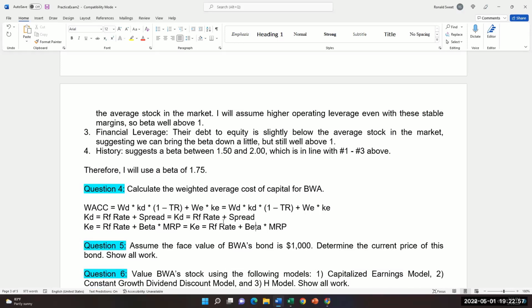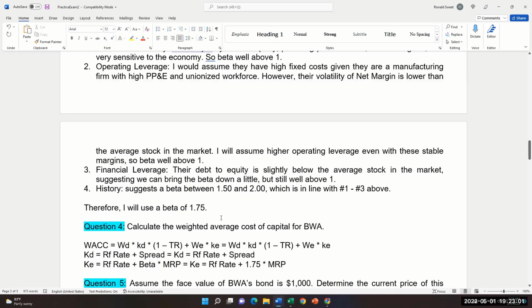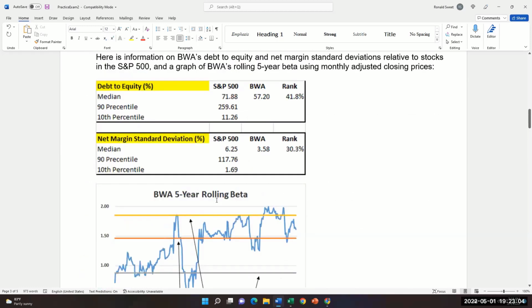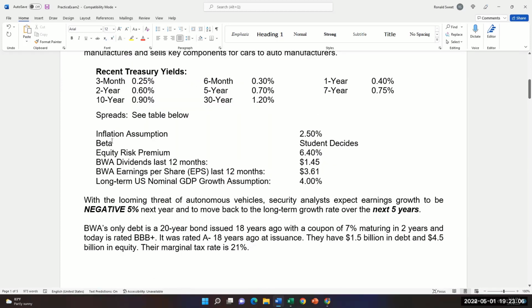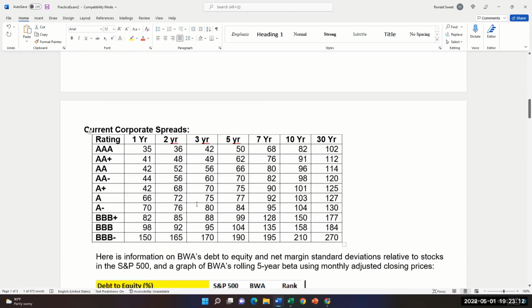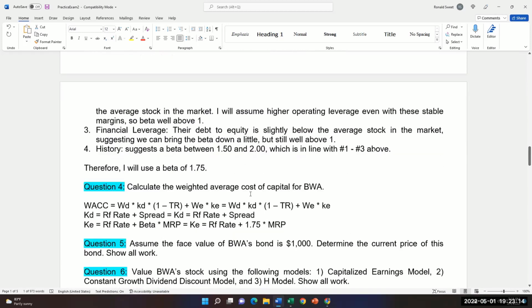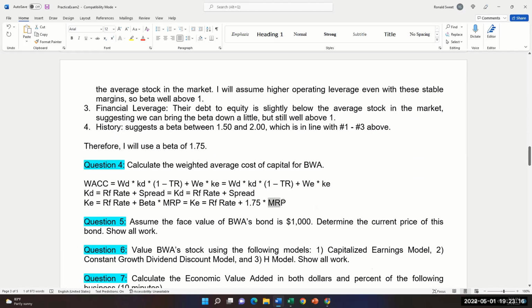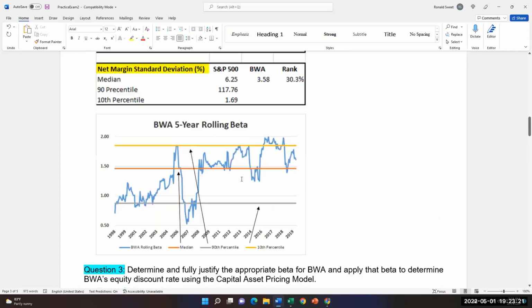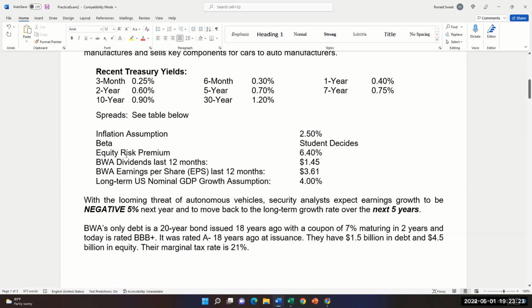So I've got my beta of 1.75. Let's go fill in the other pieces. Equity risk premium 6.4. Wow, I don't know why I'm using that. That's a pretty high equity risk premium, 6.4. Equity risk premium and market risk premium are the same.